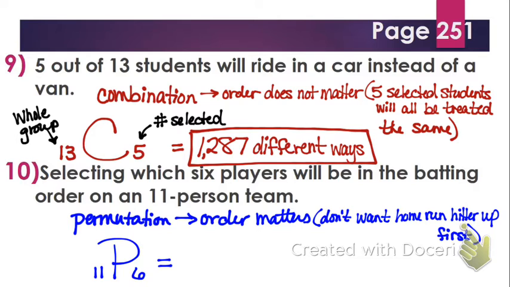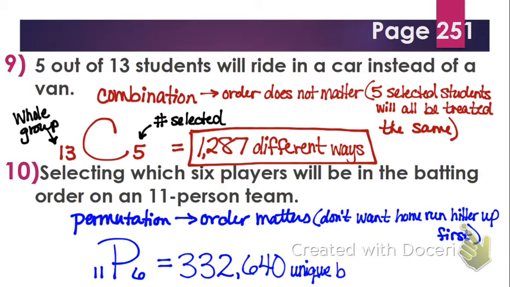So if Coach were going to sit down and write down every possible way he could put together this batting order, how many different ways could he do that? 332,640 unique batting orders. If he decides to write down every possible way of putting together the batting order, he's going to be doing this for a while.